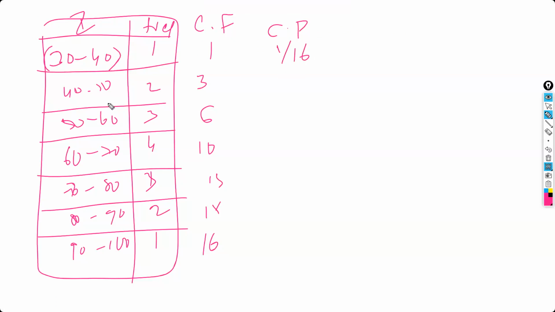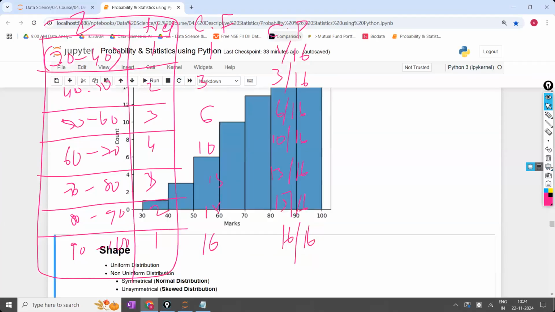Total number of records is 16. So the cumulative probability is 3 by 16, 6 by 16, 10 by 16, 13 by 16, 15 by 16, and total probability is equal to 1, which is 16 by 16. You are going to get it like this.